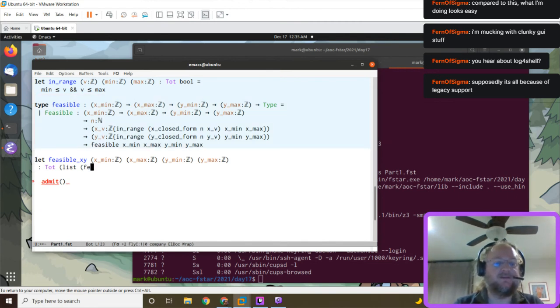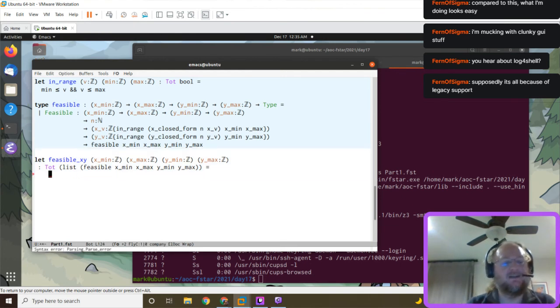All right, so this will return a list of feasible objects for those constraints. Is that at least a valid type that we can have? It is. All right.